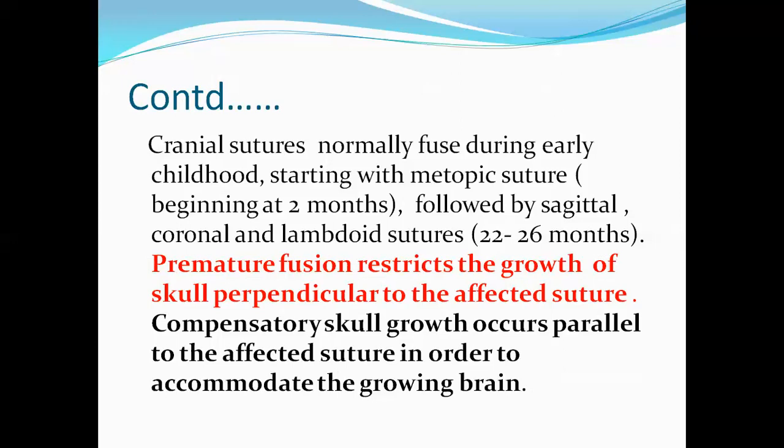So when growth is restricted on one side, compensatory skull growth occurs parallel to the affected suture in order to accommodate the growth. One side is blocked while the brain keeps growing, and that will lead to abnormal shape of the skull.